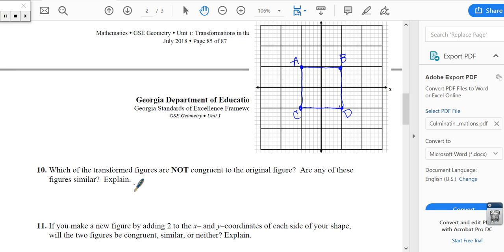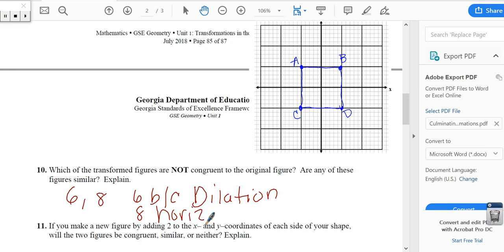So go back and correct that. It says which one is not, and we'll say 6 and 8. 6 because it's a dilation, and 8 because we have the horizontal stretch. Now you finish with that.